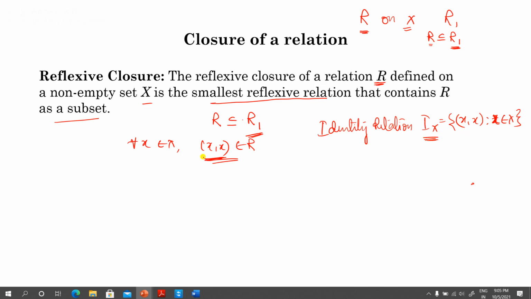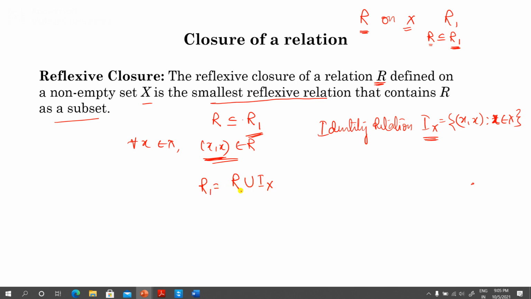So you can write the reflexive closure of R is R union Ix. It means if you take the union of these two, all the missing elements of xx will be included. Suppose this is R1.